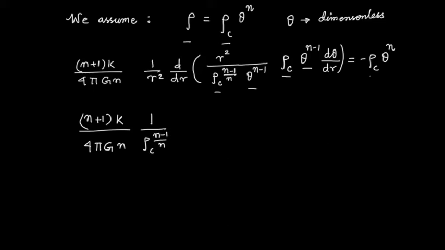The rho c in the numerator can be cancelled with the rho c in the right hand side. So what I get is 1 by r square d dr of, I've taken care of all the constants, so d theta dr equals minus theta to the power n.